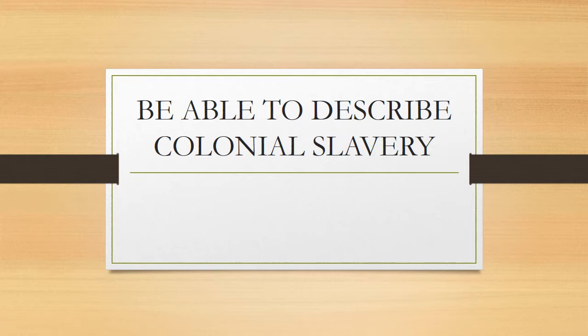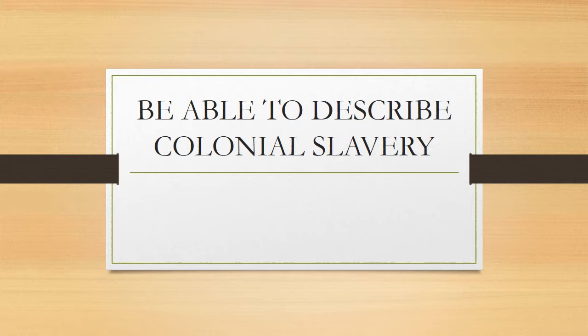Of course, a major aspect of life in the colonies, especially in the southern colonies, is slavery, specifically African slavery. There is a lot of demand for labor, especially in some of the southern colonies where crops like tobacco are being grown.